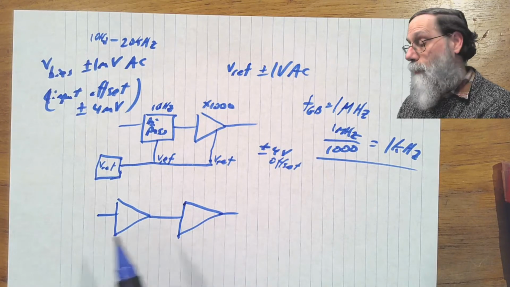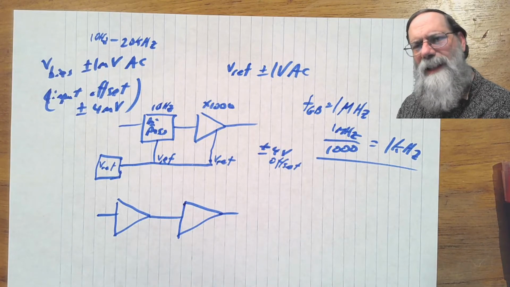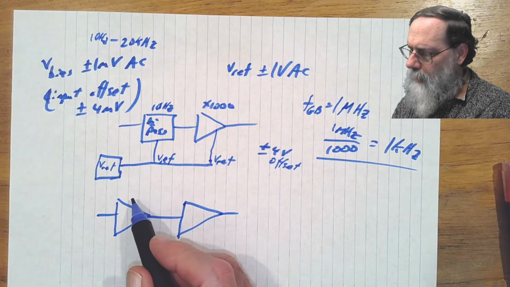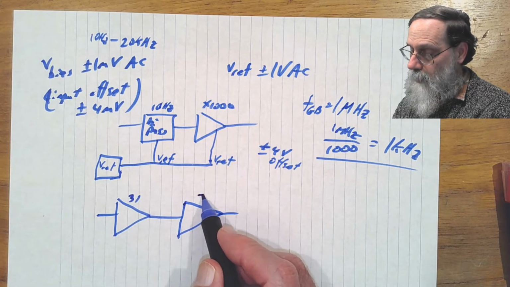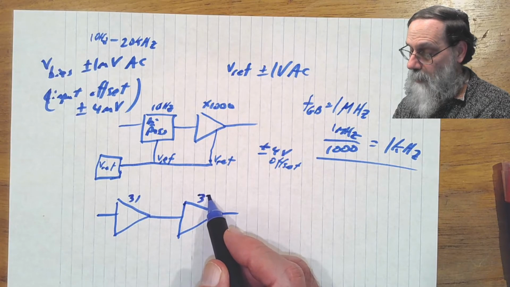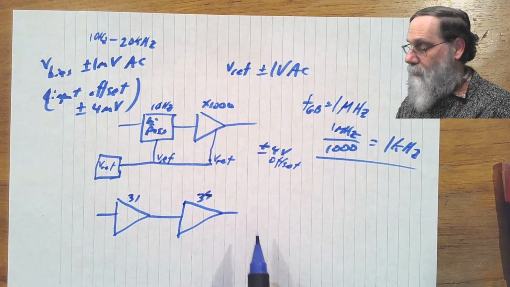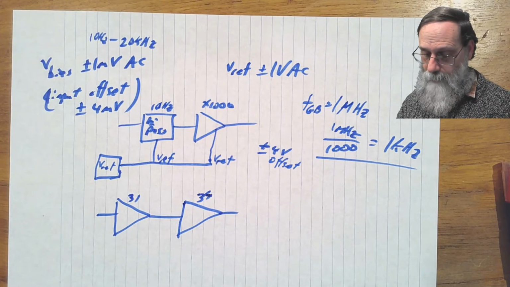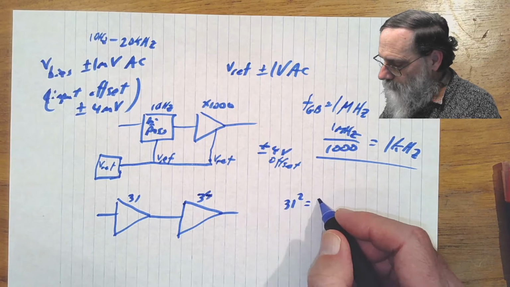Now, 32 and 32 would be nice, making 1024, but it turns out 32 is a little bit difficult to get with standard resistors, but we can get a gain of 31 pretty easily, or 34. And so we can do either two stages, each of 31, and that would give us, so 31 squared is 961.